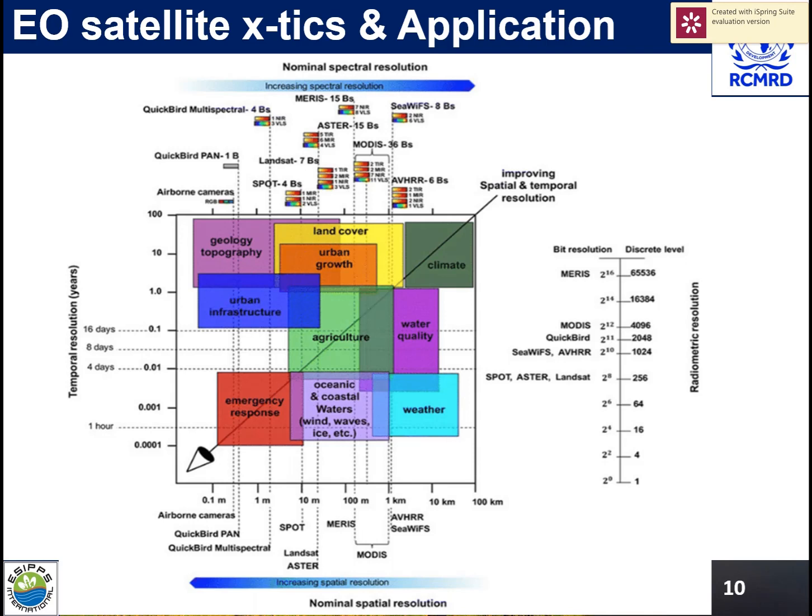Now, on the scale, you'll see that we have the temporal resolution, which is more like a swap of the earlier slide in terms of the scale. And on the lower scale, you have the spatial resolution. The spatial resolution is increasing from right to left, and the temporal resolution is increasing from bottom to top.